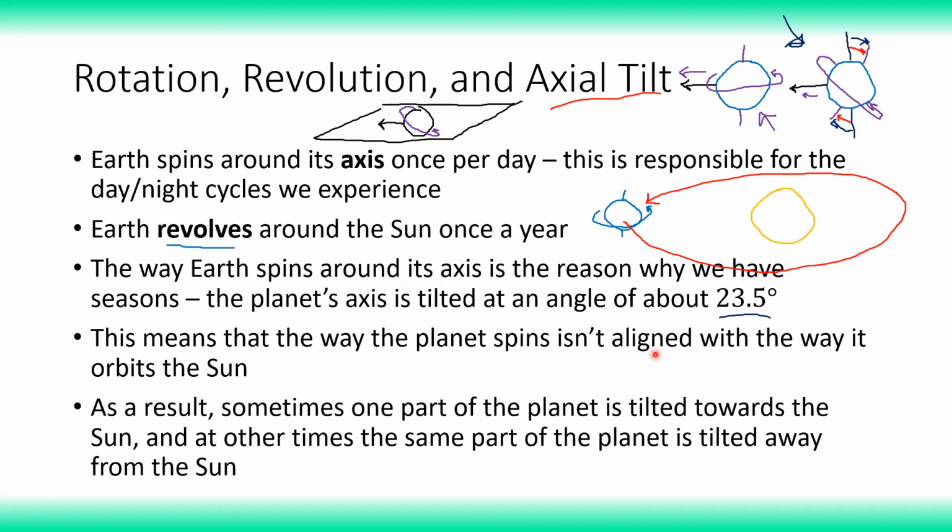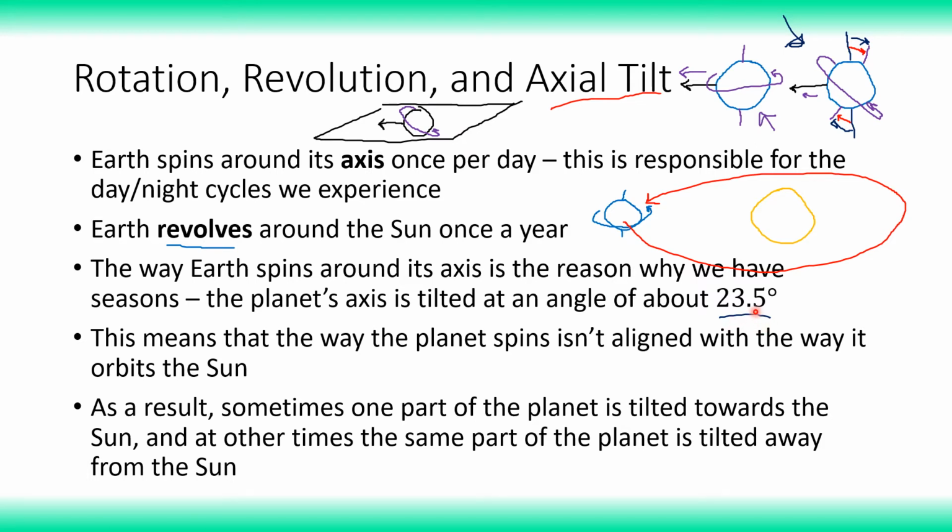That would probably make some things easier to understand when we're looking at the motions of stars and stuff, if the direction of rotation had some connection to the way it moves around the sun, but that's not the case. So we have to deal with this awkward 23.5 degree tilt instead.